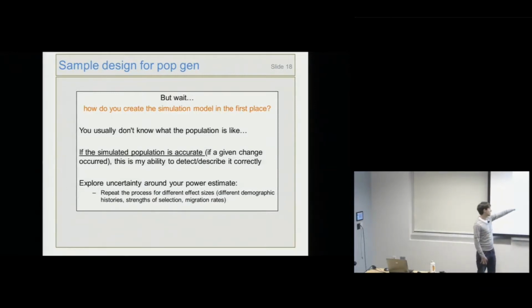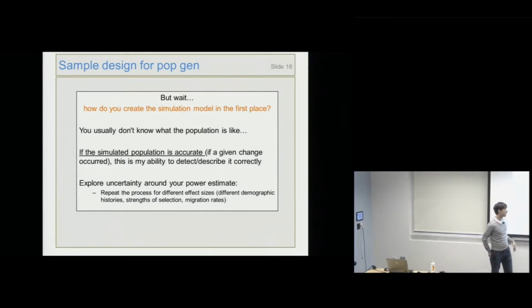If your simulated population, if your model is accurate, so if a given change occurred as it occurred in your model, then the power that you calculate represents your ability to detect that effect, okay? So I think maybe it's obvious that what we need to do is repeat that whole simulation process over a range of plausible parameter space, different demographic histories, different migration rates.